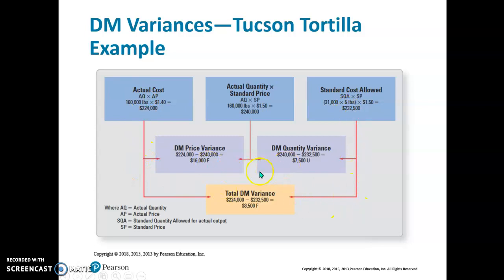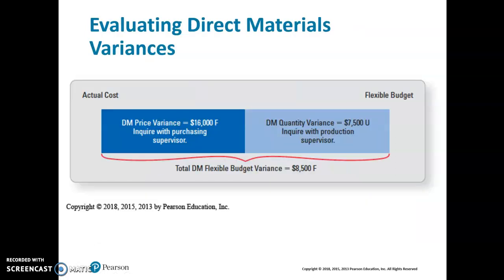The only reason they sum properly right here is because the amount purchased is the same as the amount used. So you would talk to your purchasing supervisor and find out why the $16,000 was so good. Was the standard off, or was there a major change in the prices of one of the inputs?